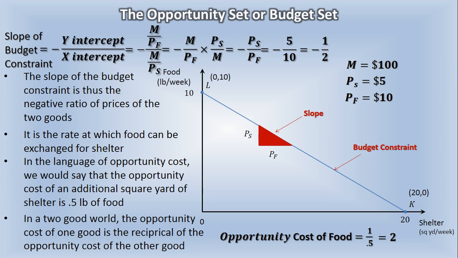What that's telling us is that based on market prices, based on the fact that there are prices being set by markets that are beyond the control of the consumer, in order to consume 1 unit of shelter, she has to give up 2 units of food. And you can measure the opportunity cost in this simple case of the other good as the reciprocal of that. So in order to get 1 more unit of food, she needs to give up half a unit of shelter. So just the reciprocal of 2.